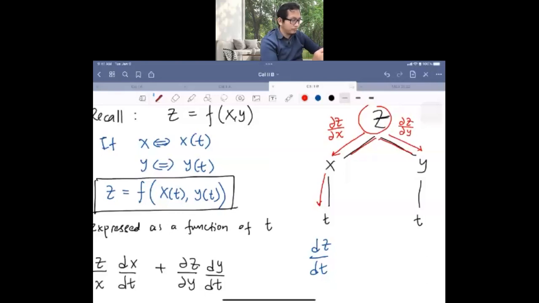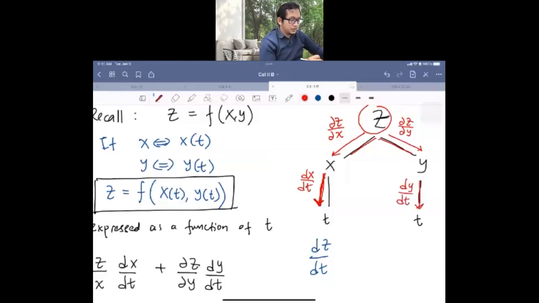Okay? And then because it's only having one path here from x to t, we have dx/dt, and this is dy/dt.